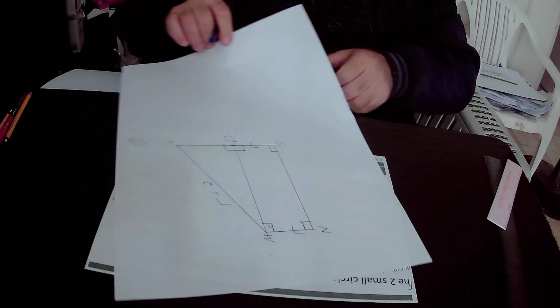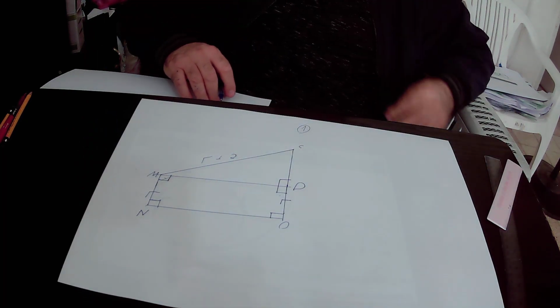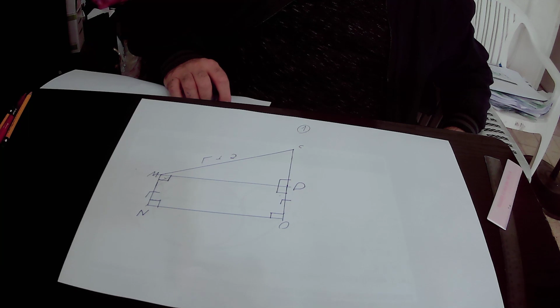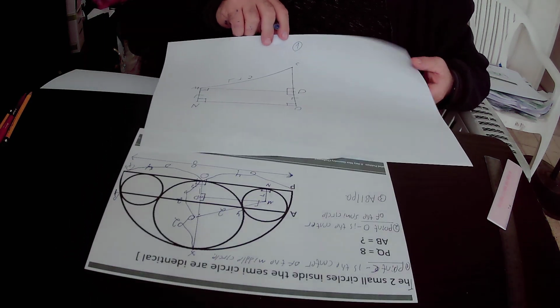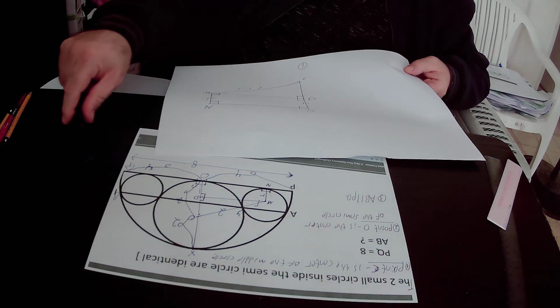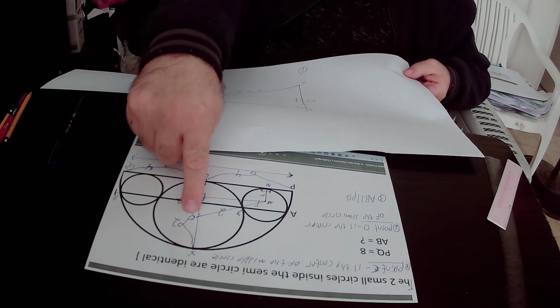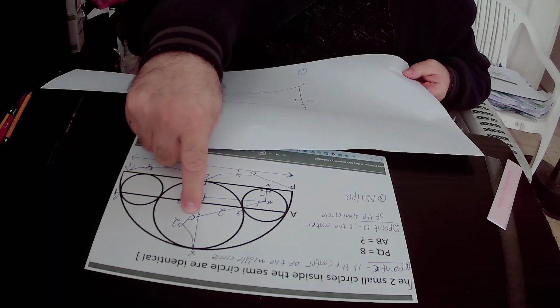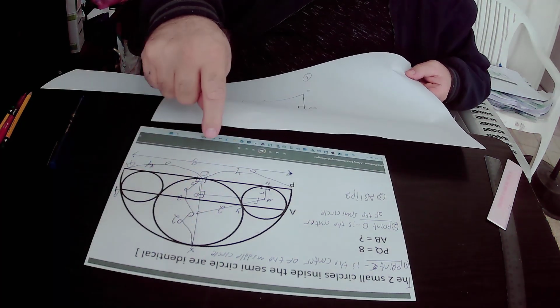Okay? And so we know also that this line segment CO is the radius of this middle circle.